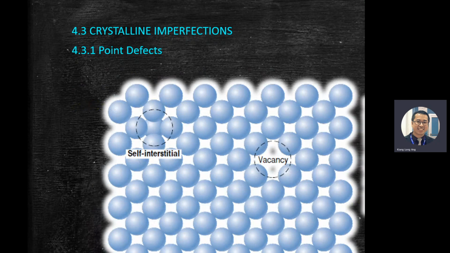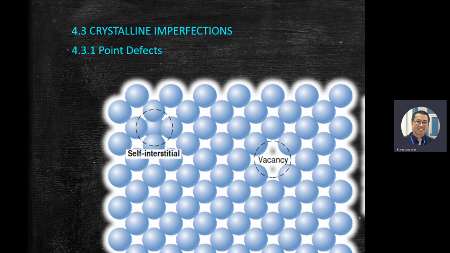So there are two types of point defect as you see on the screen here. If you are asked to explain point defects, this diagram is what we expect. You draw the vacancy, you draw the self-interstitial, you draw these two, and then you explain what a point defect is.